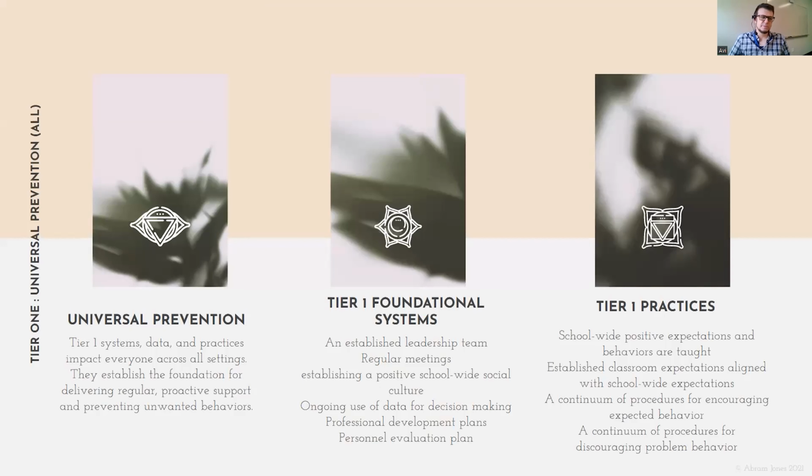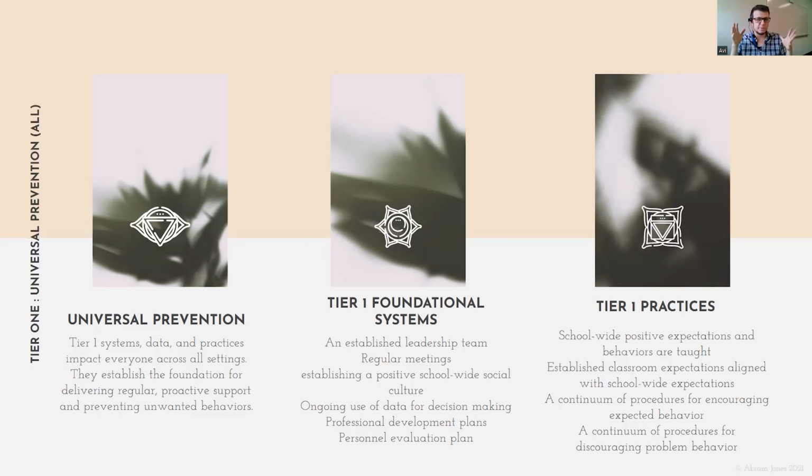Okay, here's the first tier, universal prevention. So my slide here says universal prevention, all. All means everybody, for everybody. Tier 1 systems, data, and practices impact everyone across all settings. They establish the foundation for delivering regular proactive support and preventing unwanted behaviors.